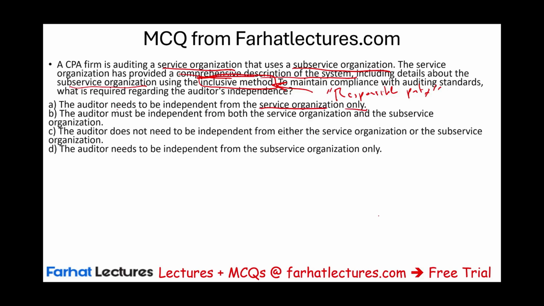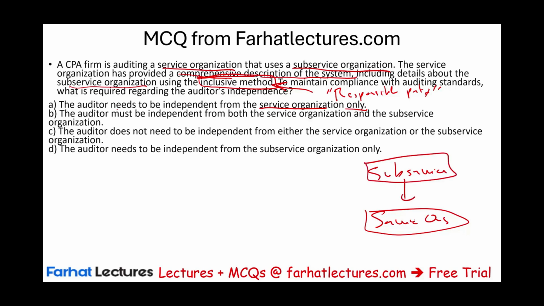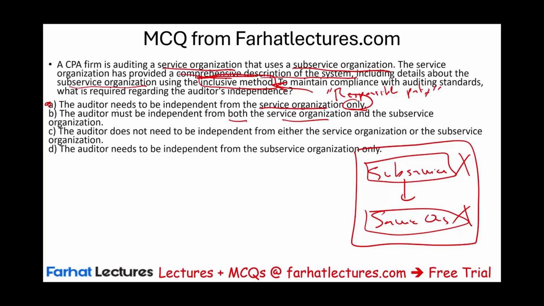No. Remember, now we have a service org, but we have a subservice org that provides services to the service org, and we are using the inclusive method. If we are using the inclusive method, the auditor has to be independent from both the service org and the subservice org, not only the service org. A is out. The auditor must be independent from both.